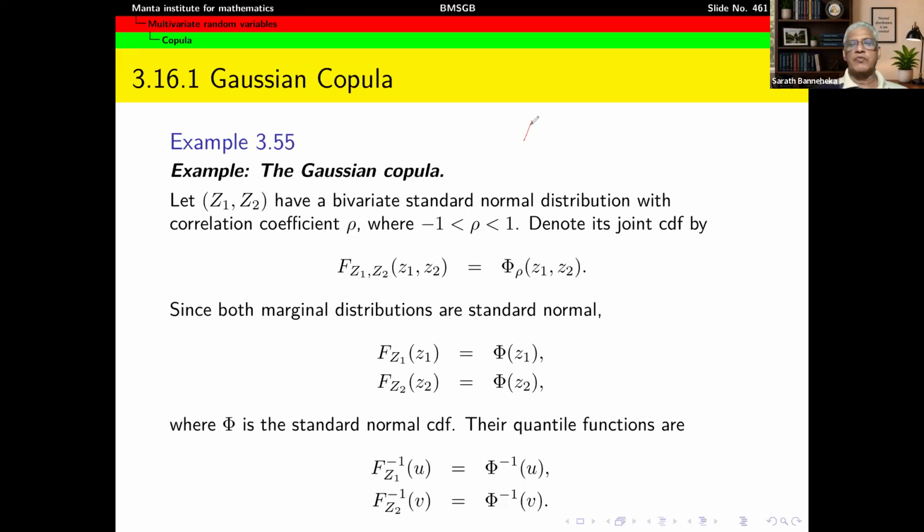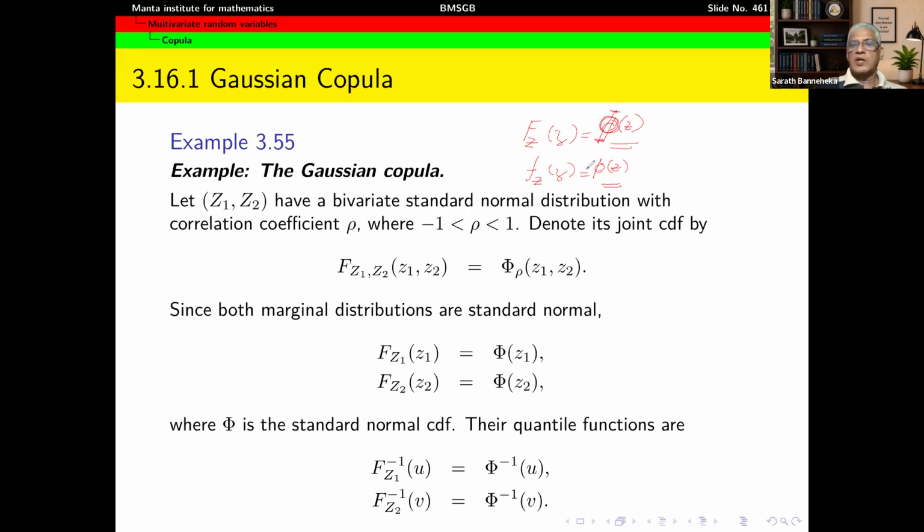So, for example, F_Z is in particular denoted by capital Phi of z. On the other hand, the density function f_Z is usually denoted by small phi of z. Right? So we'll be using this notation also here.